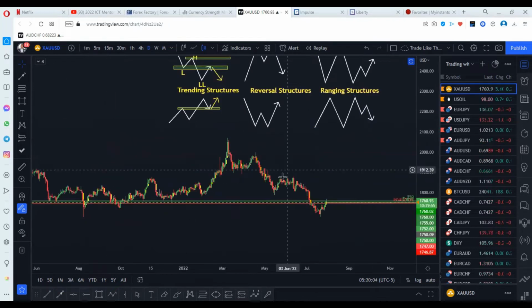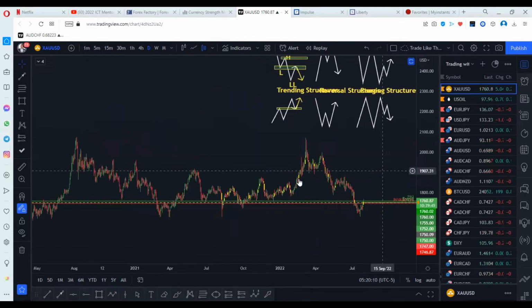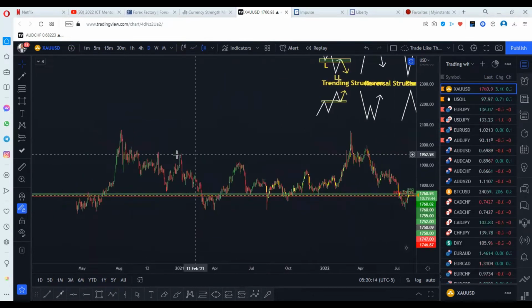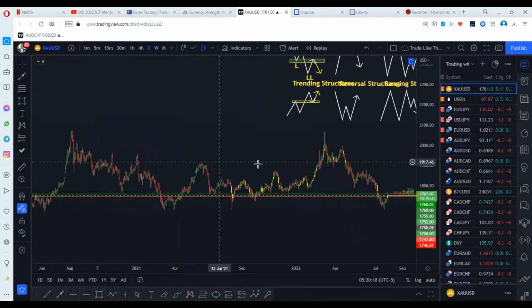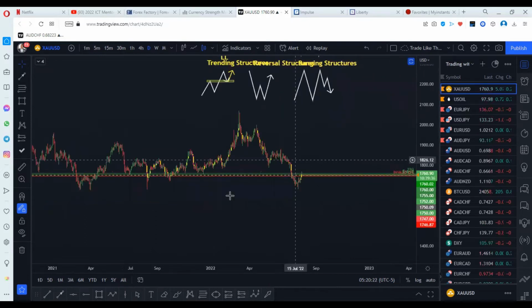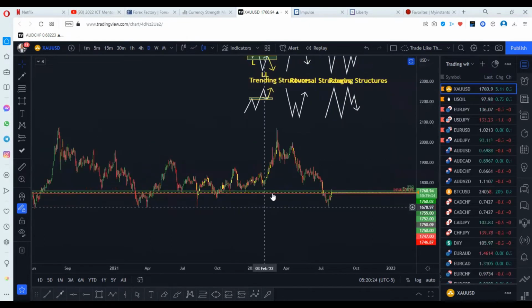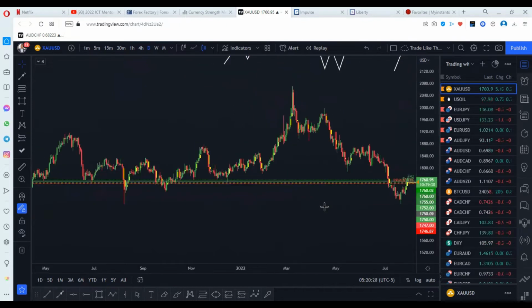All right, so let's see if we can find that example here on this. I'm actually on the daily. It can work on the daily too, so let's still use it. And let's zoom in and find an area.